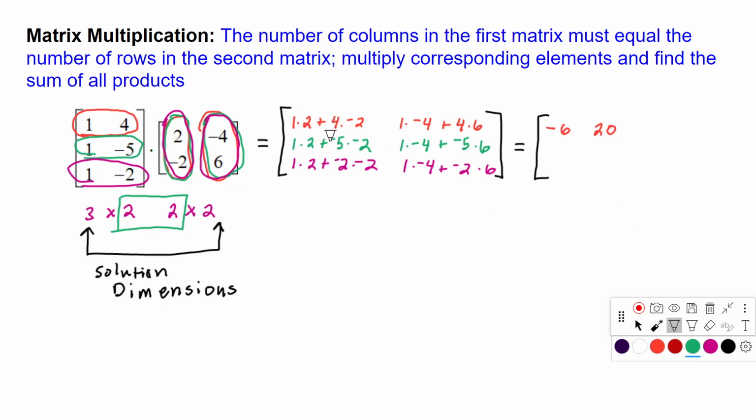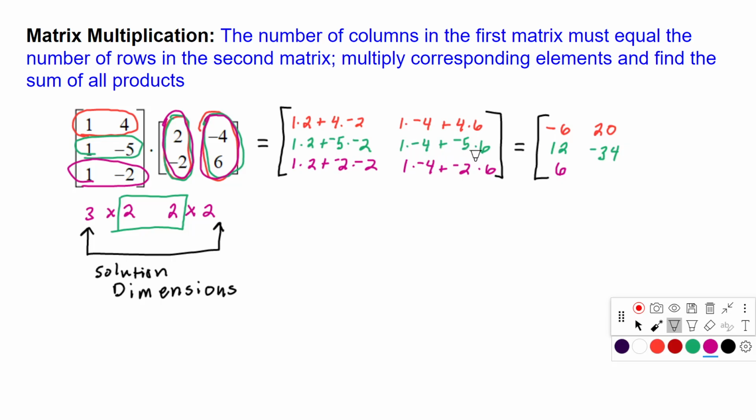2 plus positive 10, because we're multiplying two negatives, so 2 plus 10 is 12. Negative 4 plus negative 30 is negative 34. And then we have our last row. 2 plus 4, again we're multiplying two negatives, so 2 plus 4 is 6.